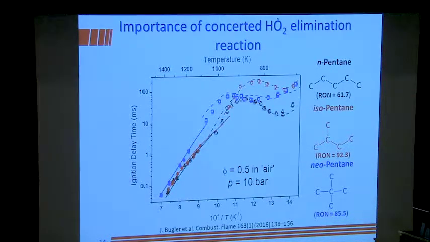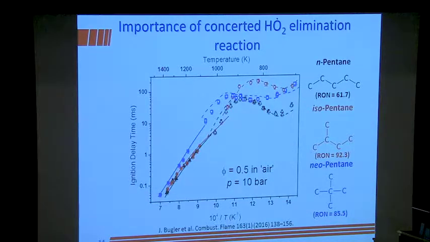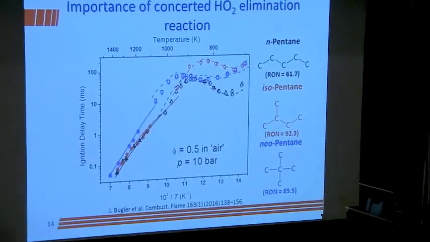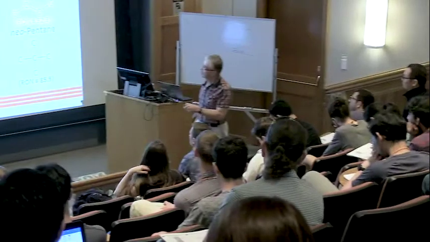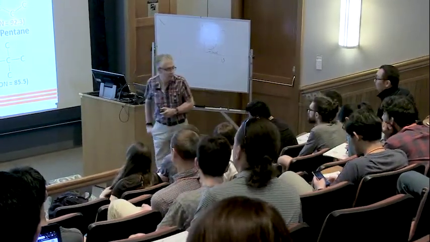At low temperature, n-pentane is quite a bit faster than isopentane. And then you go into the NTC region, n-pentane decreases in reactivity, you get that negative temperature coefficient behavior, due to the QOOH undergoing propagation rather than branching, adding to molecular oxygen, and then you fall into the more intermediate high temperature regime.